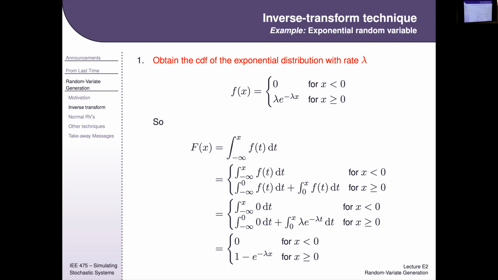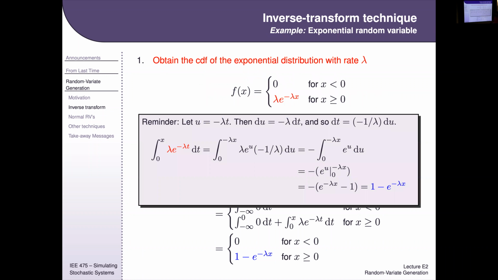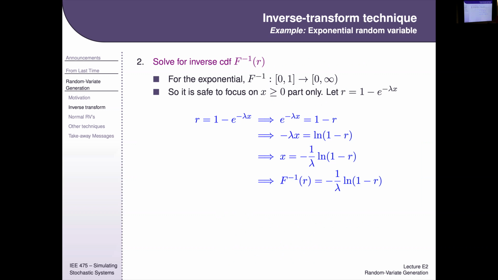Okay. All right, so let's see then. So we've got our CDF down here. And so how do we then find the inverse transform, how do we generate the random variate generator? So I need to solve for the inverse of this CDF. So I'm going to set R equal to the portion of the CDF that is non-constant.